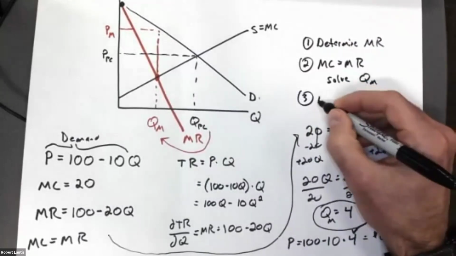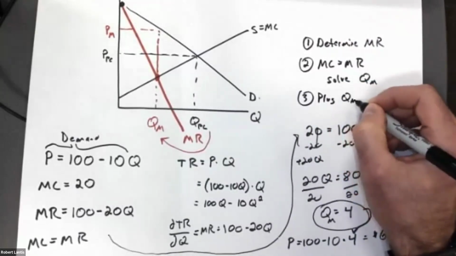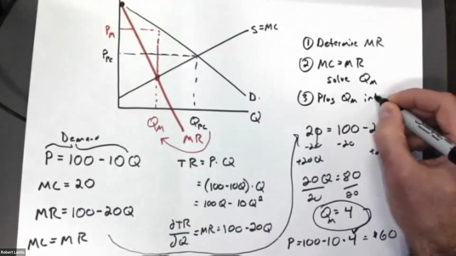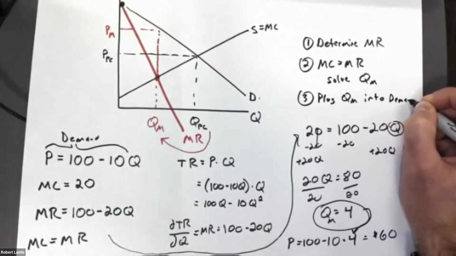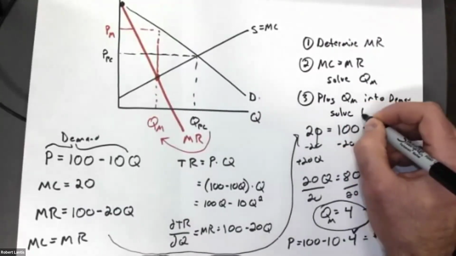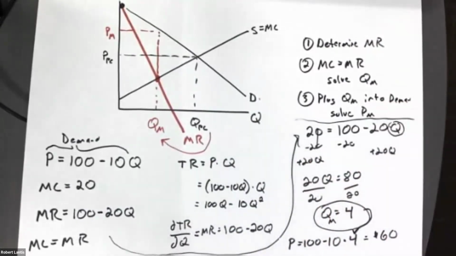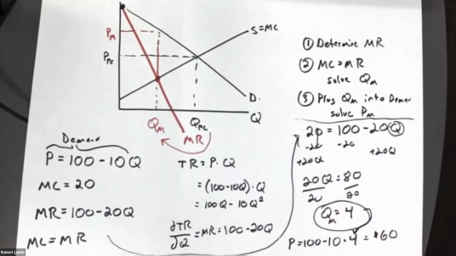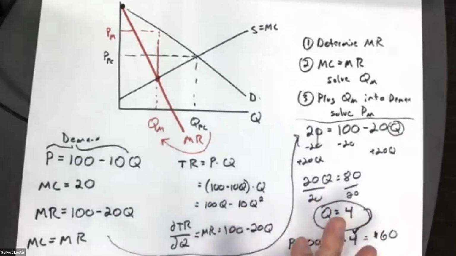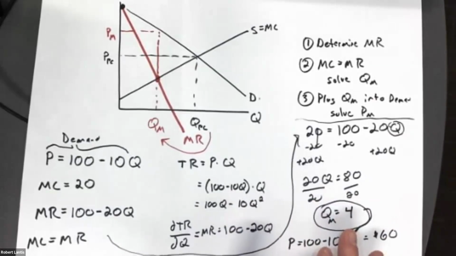And then the third step, plug that monopolist quantity into our demand equation and solve for what the corresponding monopolist price would be. Okay. Any questions on that idea before we keep moving here? Okay.